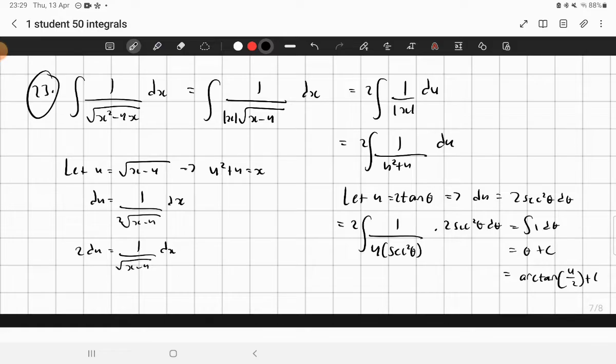I got arctangent. Why is it ln all of a sudden? Okay. 1 over 2u is equal to 1 over square root of x minus 1 over 2 square root of x minus 4. Oh my gosh, just realized.